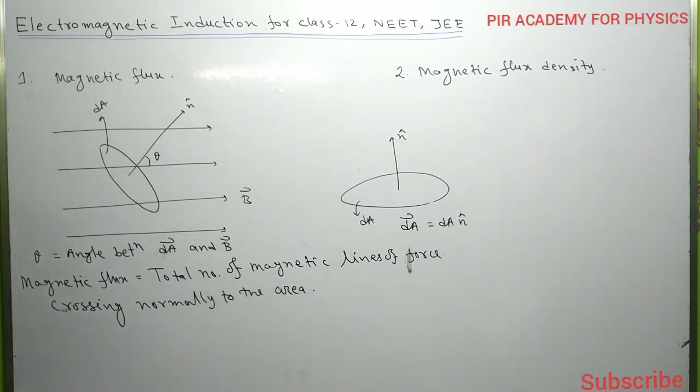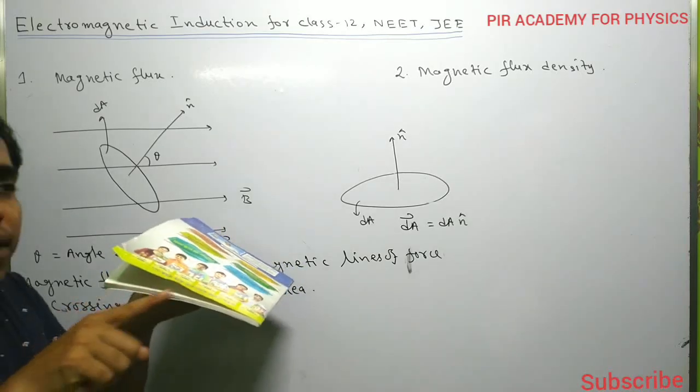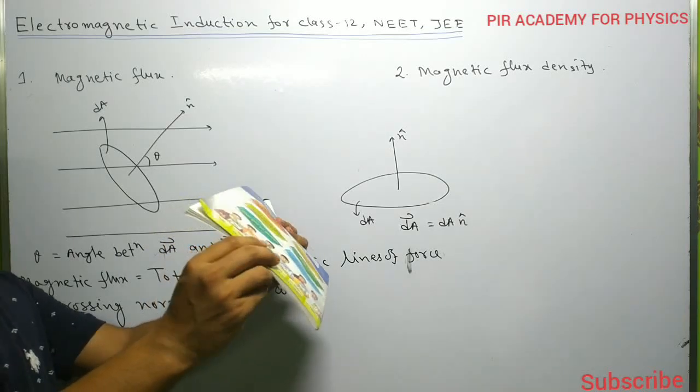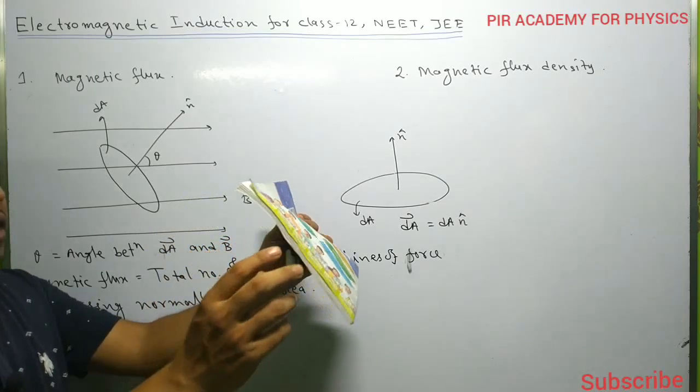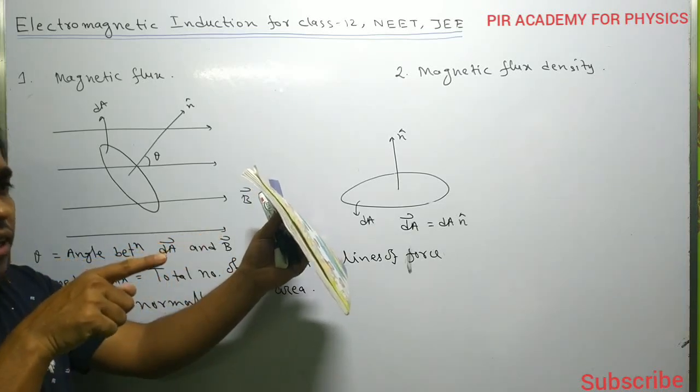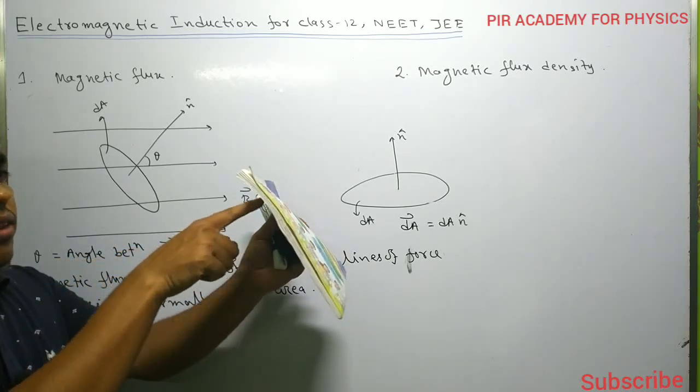Suppose this is the direction of the magnetic field and this is the area. If I place this area like this, then the magnetic lines of force cross this area.